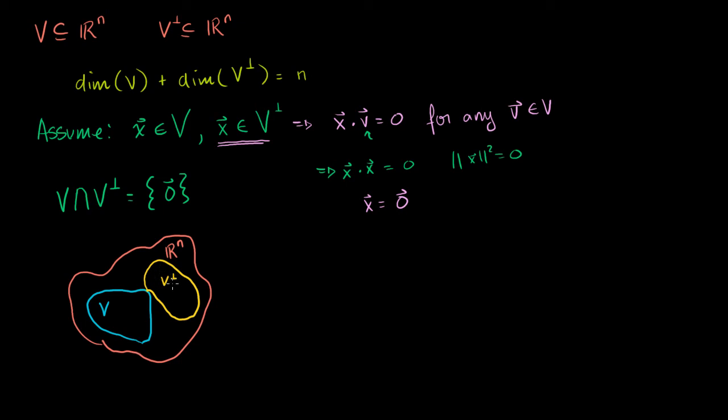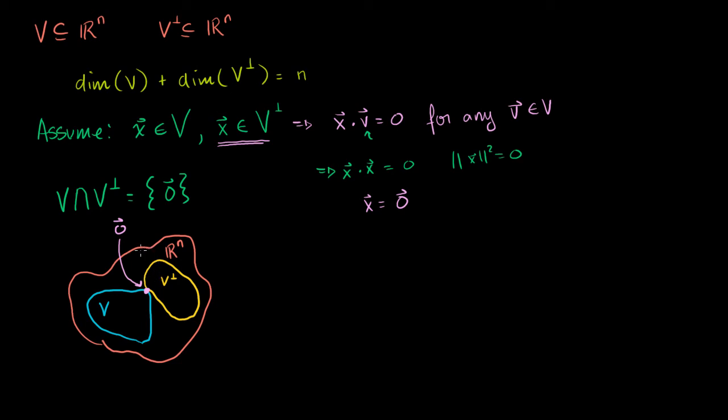These are all of the vectors that when I dot them with any vector in V, I'm going to get 0. And the intersection, their overlap, the only vector that is a member of both, right there, is the 0 vector. That's their only intersection. So that's fair enough. The only vector that's a member of a subspace and its orthogonal complement is the 0 vector.